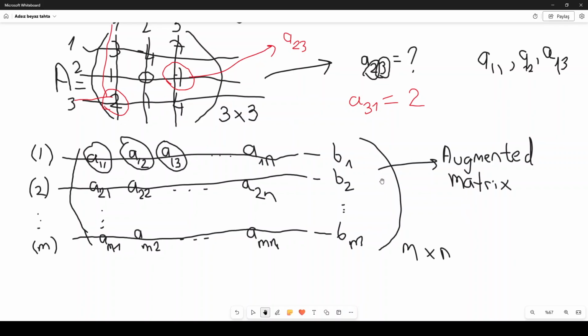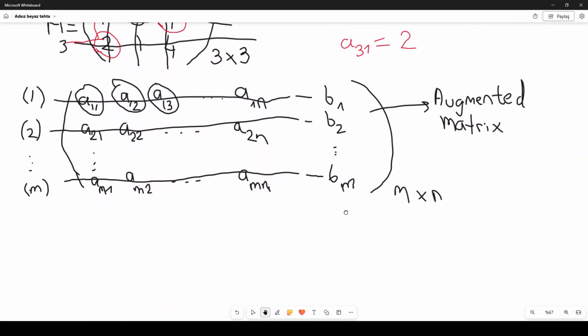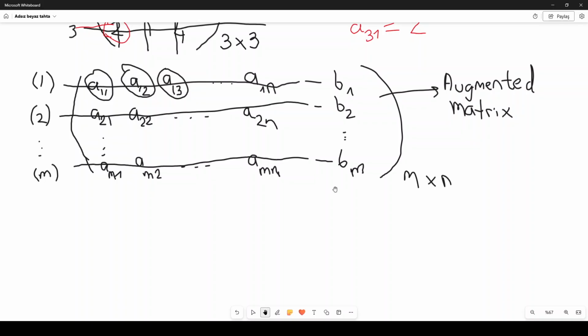If I erase the right hand side values from this matrix and keep the remaining, then we got a coefficient matrix. But if I expand my matrix with the right hand side values, then I have an augmented matrix, which is actually nothing but a representation of our system of linear equations in the matrix form. And this augmented matrix is the form that I use for solving a system of linear equations. I apply my operations on such a matrix.